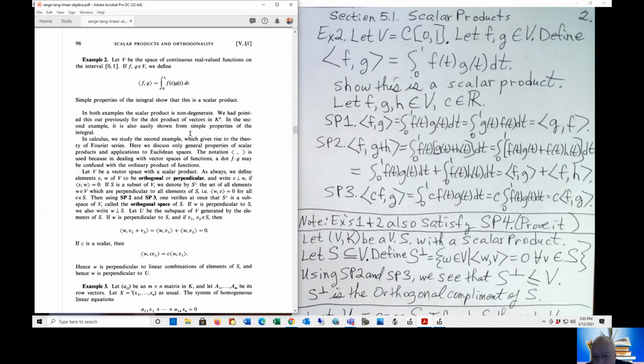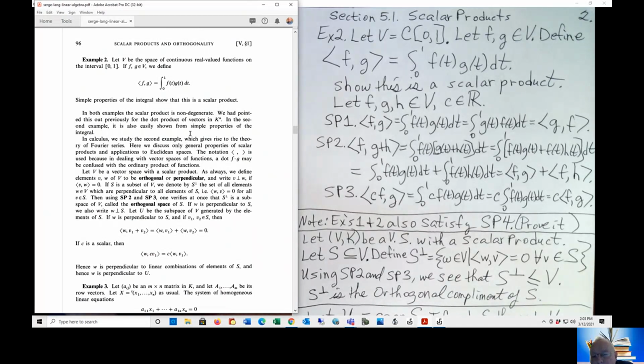So let f and g, and probably later h, be 3 functions in V, continuous functions on 0, 1, and define this mapping that associates f and g with the definite integral from 0 to 1 of f of t, g of t, dt. Now, the definite integral here can be taken over other intervals as well, but for the sake of simplicity, by standard convention, we just go from 0 to 1.